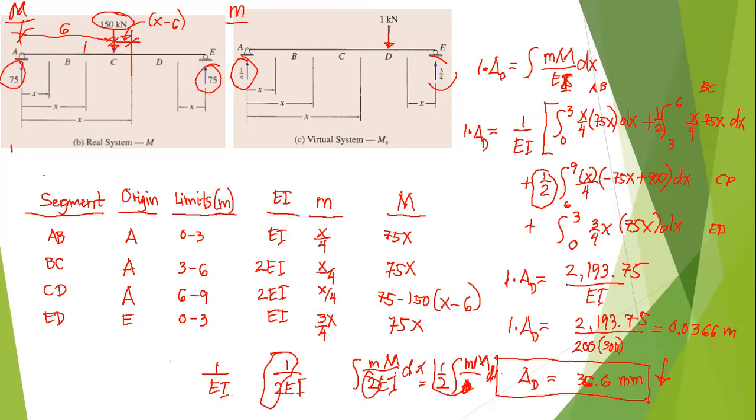Take note of the bending: if it is bending this way, it is negative. In this case, the bending is positive, right? Okay? Are we clear?